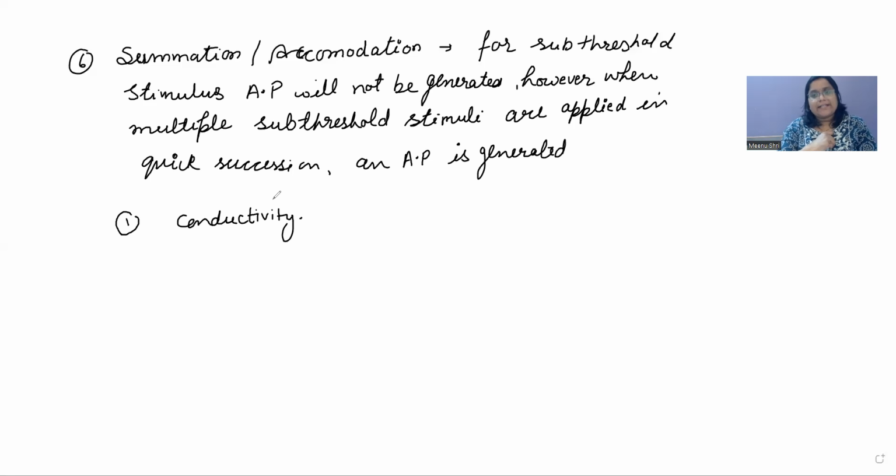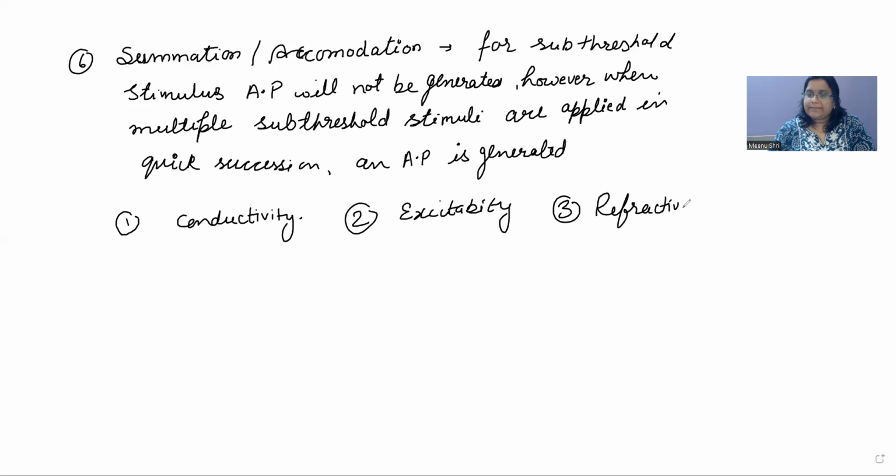Second one is excitability. Excitability means the nerve fibers show a response towards various stimuli if the stimuli are up to the threshold level.